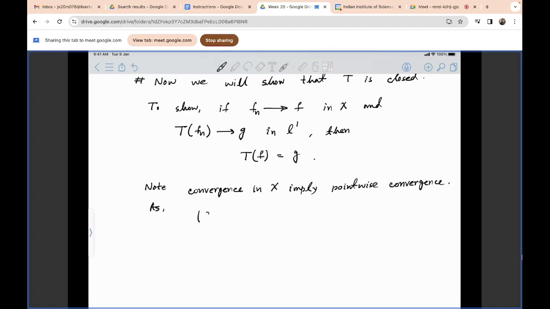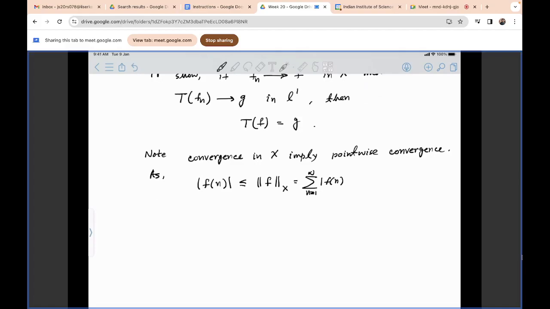As you can see, f of n is always less than or equal to the norm of f in X, which is the L1 norm. This is always true because the norm is the summation of the absolute values of f n, for all n. So if something converges in the X norm, then it will converge pointwise. So convergence in X implies pointwise convergence.